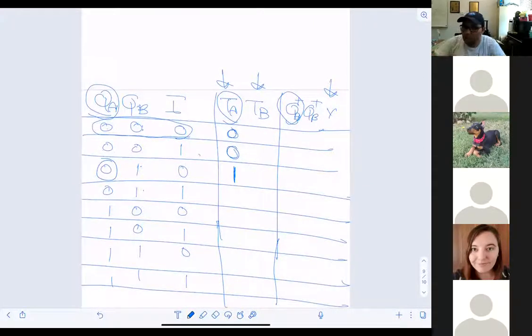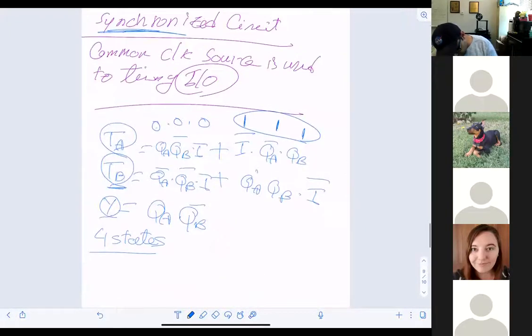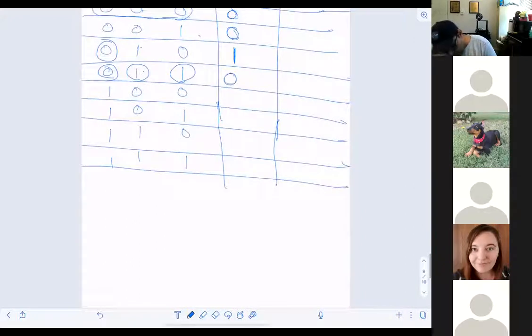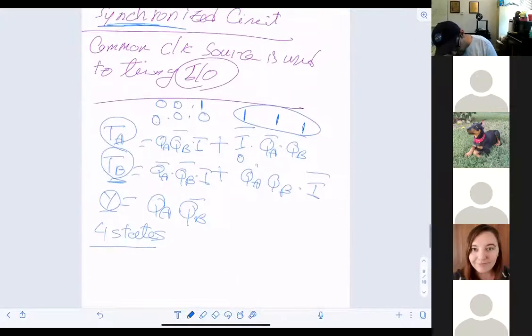And you will continue. So now I have 0, 1, 1, right? So 0, 1, 1. So it's going to be here 0, 0, and 1, right? There, 1 is going to be what? 0. So it's going to be 0. Then 1, 0, 0, right?